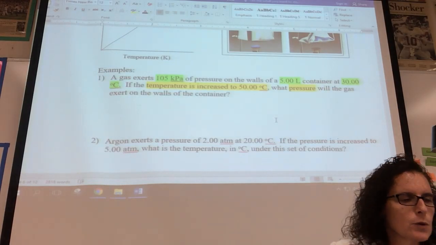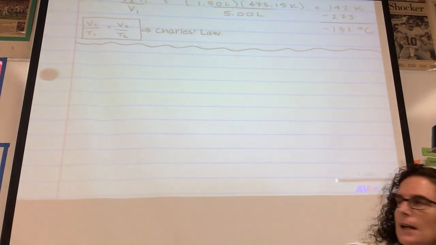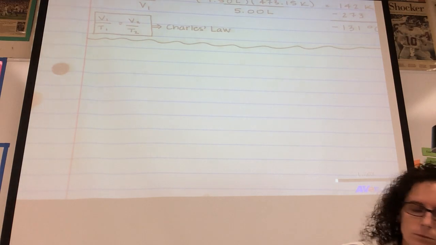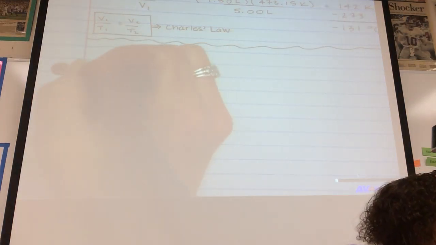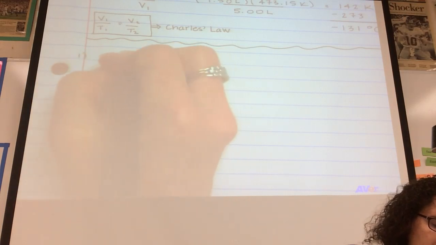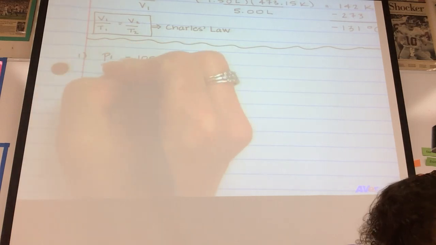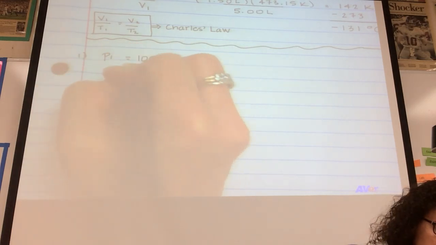You don't need to include it in your calculation. So let's get the information here, and I need you to walk me through to make sure you're understanding. What does 105 kPa represent? P1. And what does 30 degrees Celsius represent?